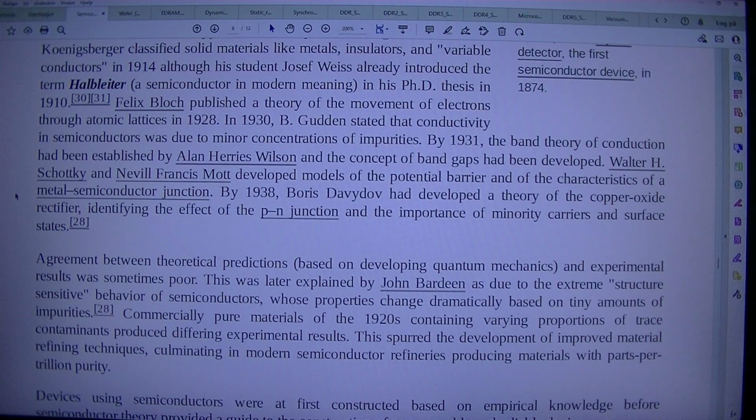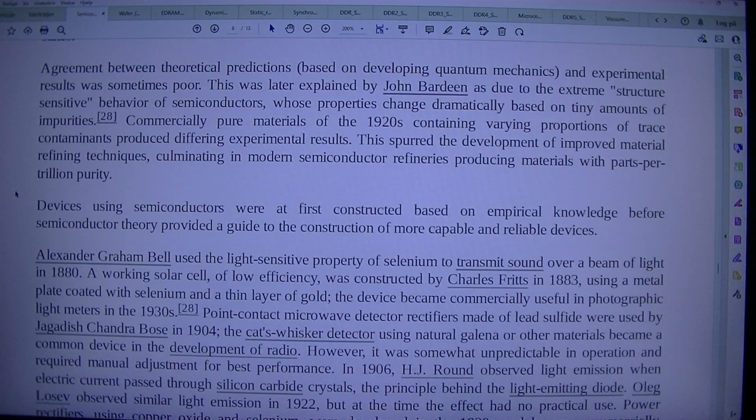Agreement between theoretical predictions, based on developing quantum mechanics, and experimental results was sometimes poor. This was later explained by John Bardeen as due to the extreme structure-sensitive behavior of semiconductors, whose properties changed dramatically based on tiny amounts of impurities.